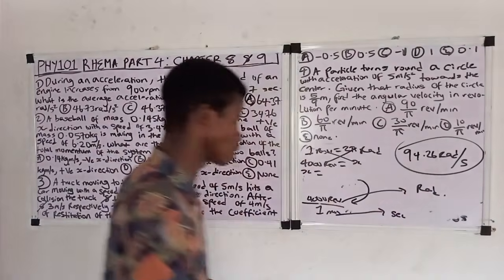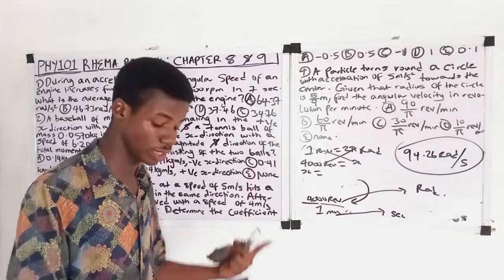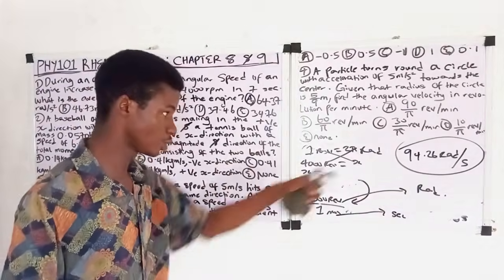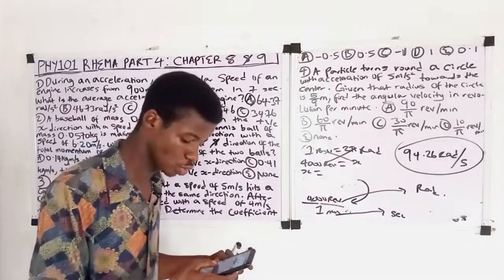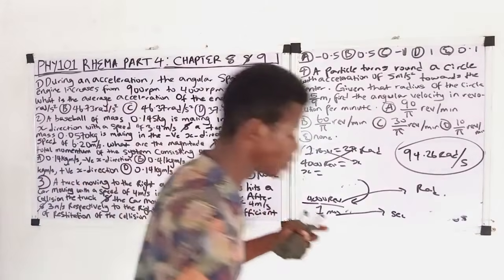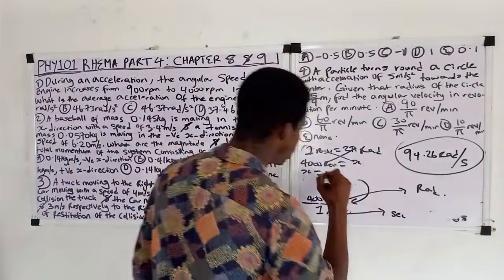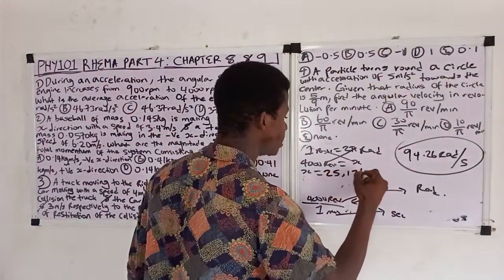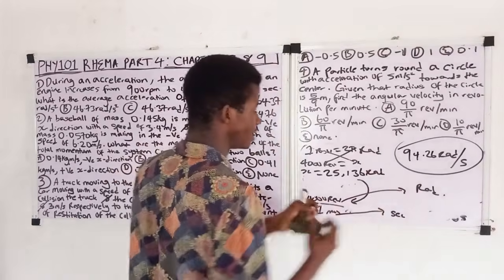Pi is 3.142, so 2 times 3.142 is 6.284. Then 4,000 times 6.284 gives us 25,136 radian.